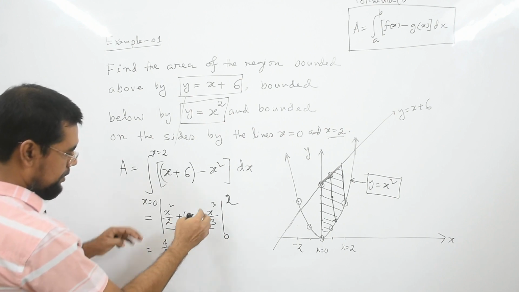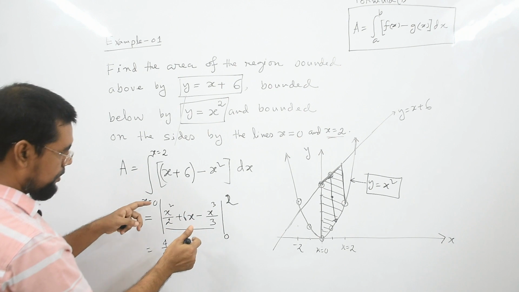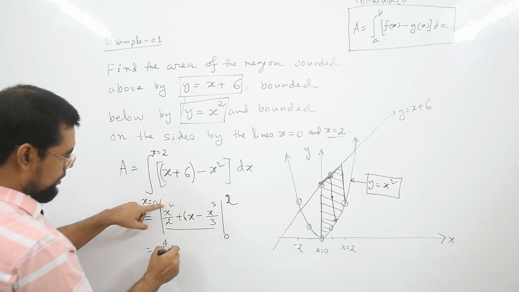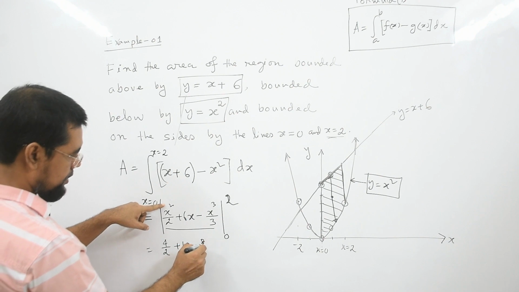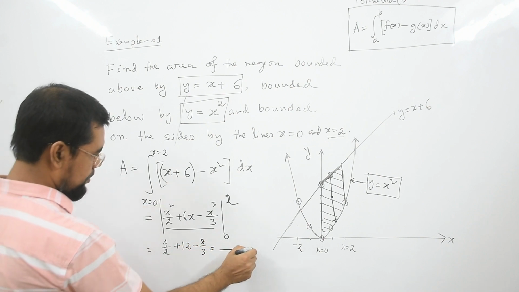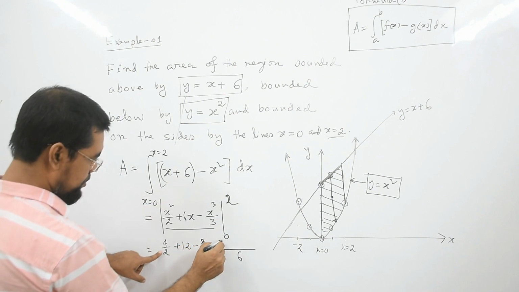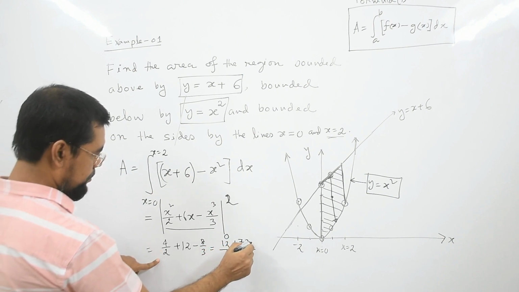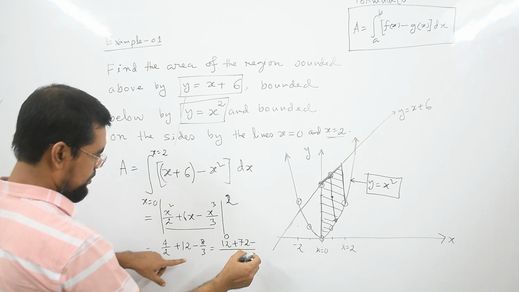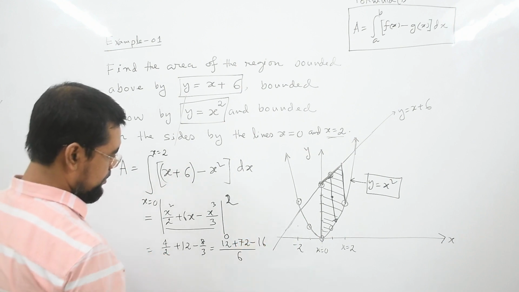If you put the lower limit, this one will be 0. So by putting the upper limit, we can write 2 plus 12 minus 8 by 3, which is equal to 6 plus 72 minus 16.